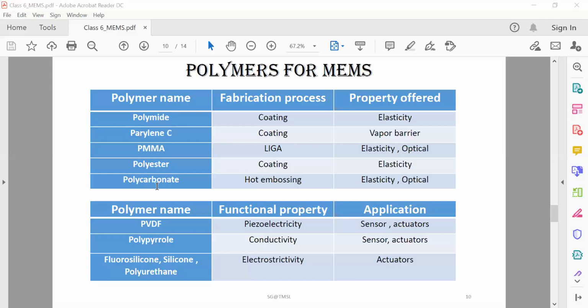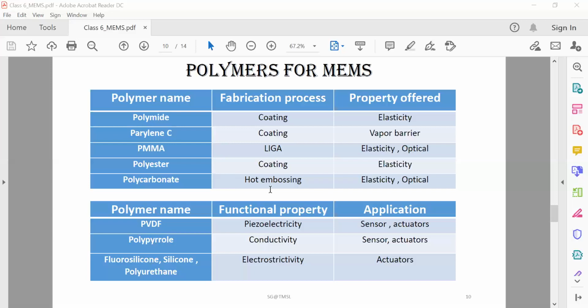Polyimide's fabrication process is the coating technique. Parylene C is also a coating technique. PMMA is fabricated by the LIGA technique. Polyester is also a coating technique, and polycarbonate uses the hot embossing technique.